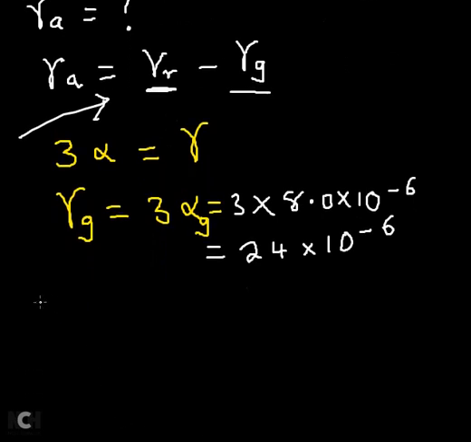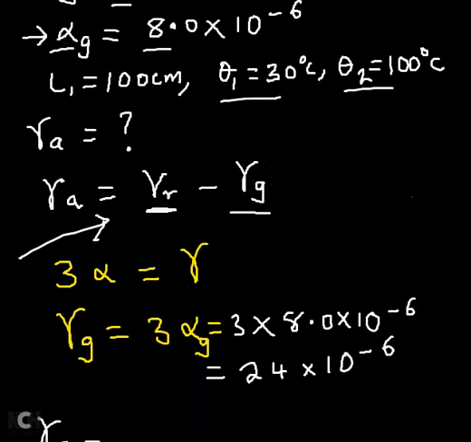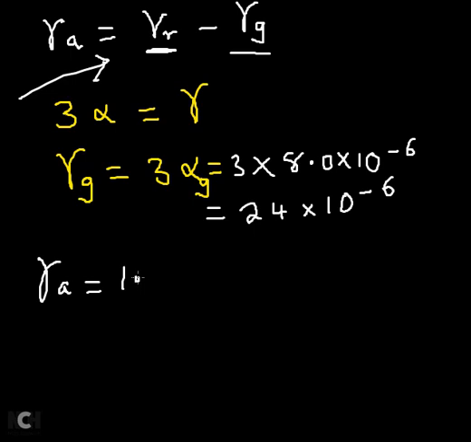Having known that, I can now get my apparent expansivity, which is going to be equal to the real expansivity, which is 1.82 times 10 raised to the power minus 4. That is the real expansivity, then minus the cubic expansivity of the containing glass vessel, which of course here we have 24 times 10 raised to the power of minus 6.